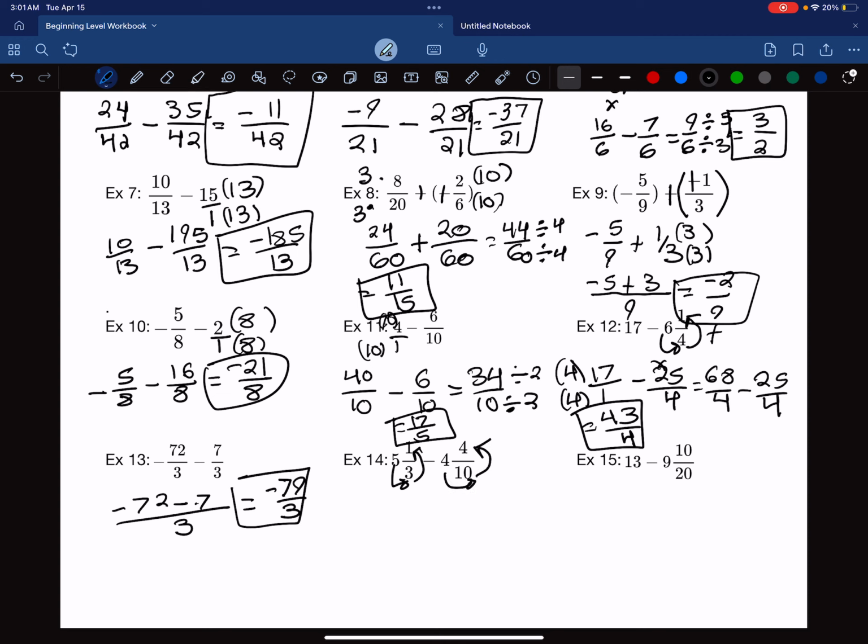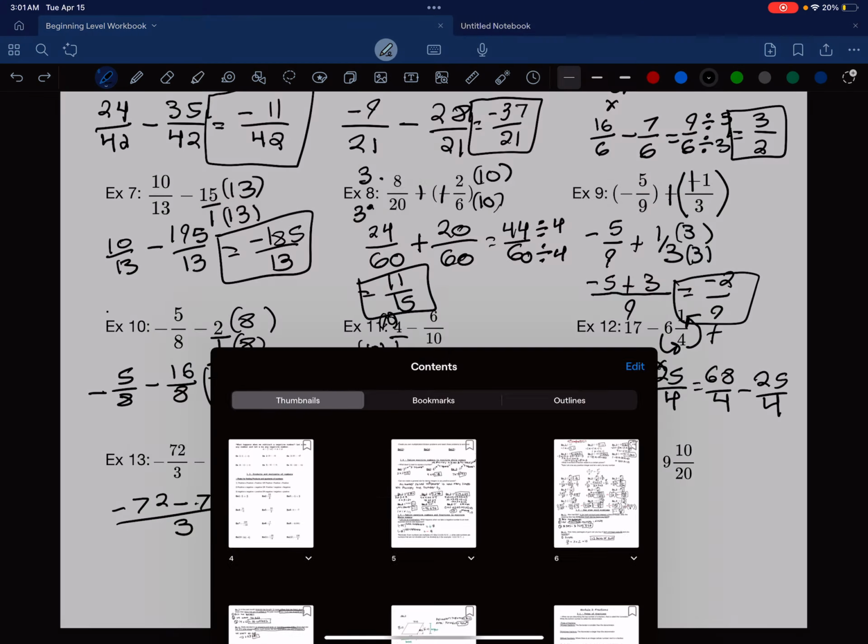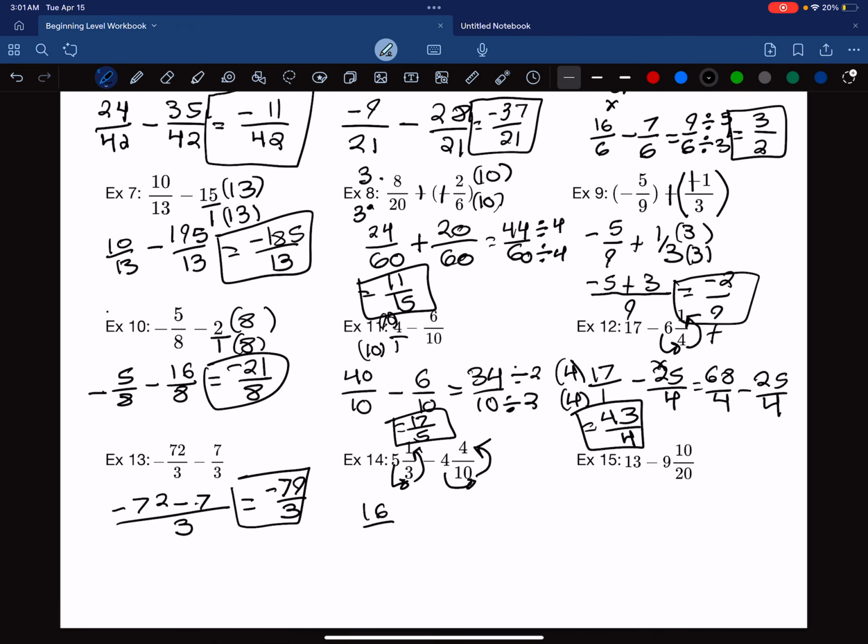And when you do that, you're going to get 16 over 3 minus 44 over 10. And to find a common denominator, I'm going to simply multiply this fraction by 10 and multiply this fraction by 3 to get a common denominator of 30.